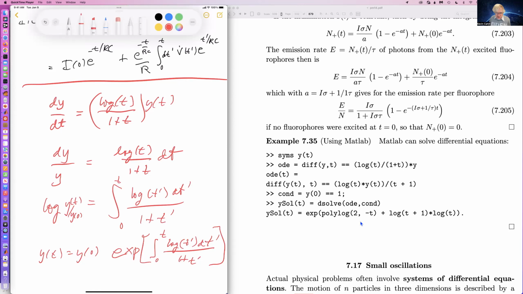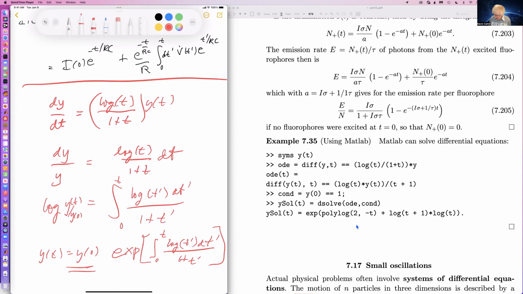And what is the answer? Well, you see, it's an exp the way I said, and it said that y of 0 is 1. Here I left y of 0 arbitrary. If you set it equal to 1, then you just get an exponent.